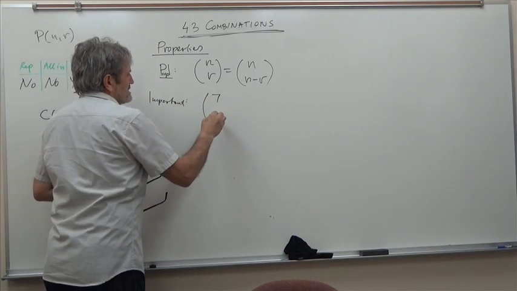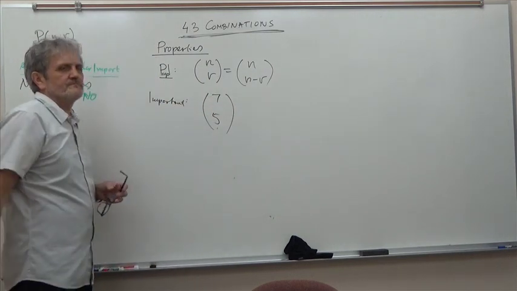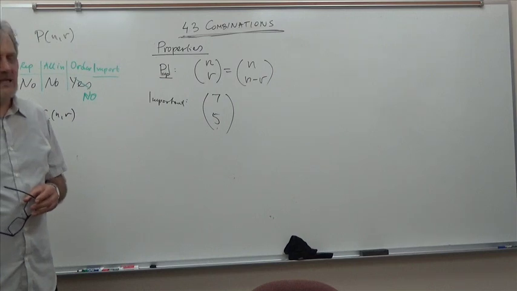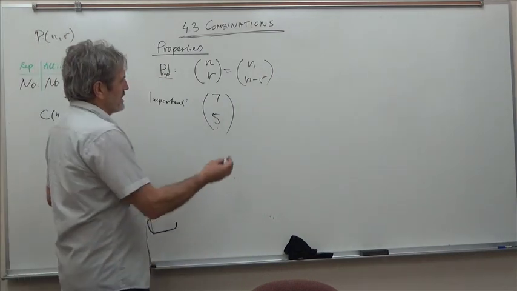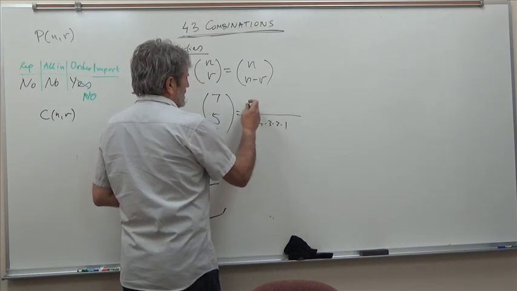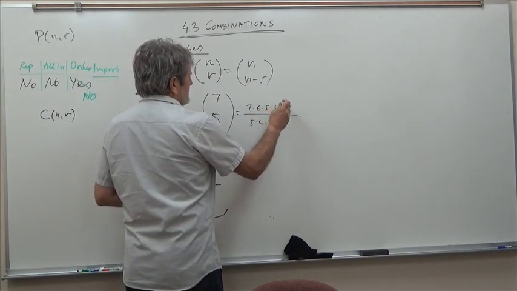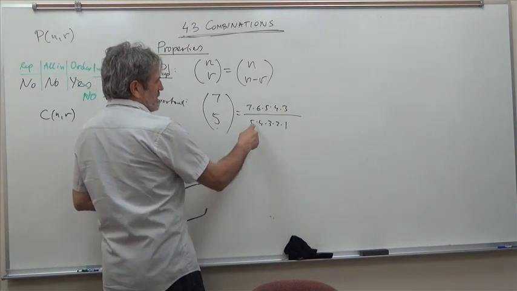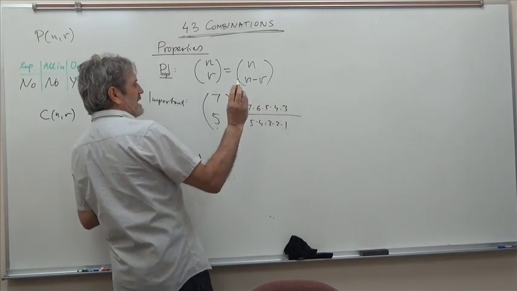Suppose I need to calculate 7 choose 5. Generally I can write it as 7, 6, 5, 4, 3 over 5, 4, 3, 2, 1. Balanced.